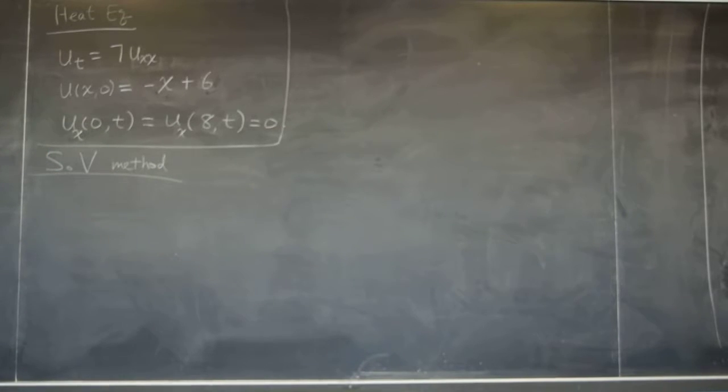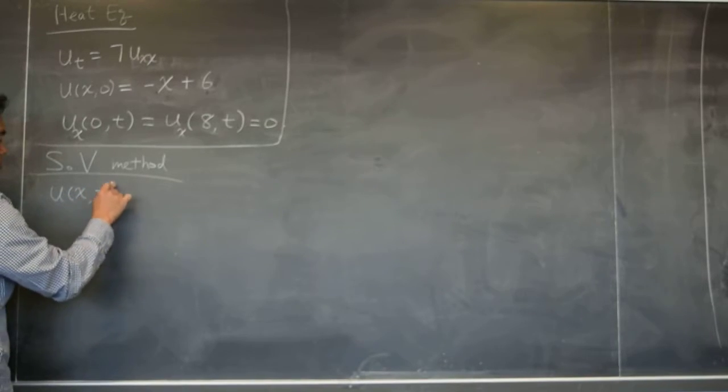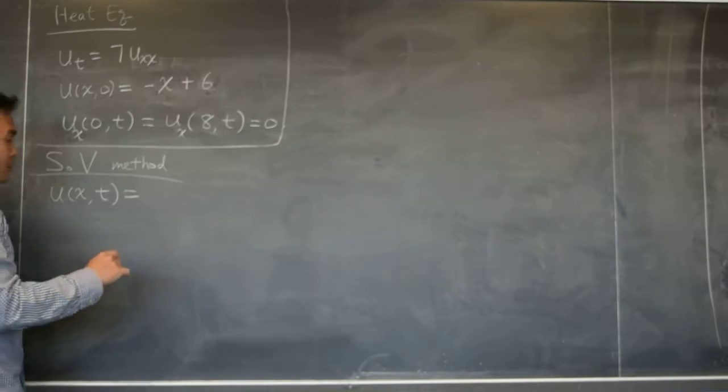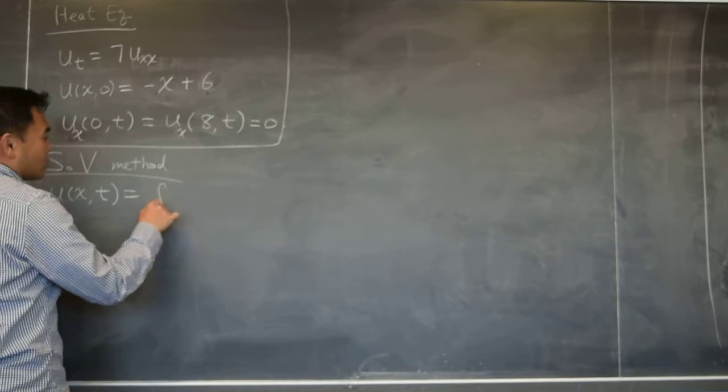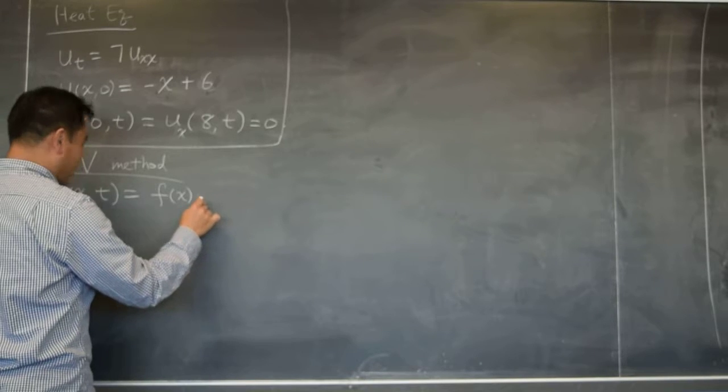What is the separation of variables? You remember? What's the assumption? No idea? So f(x) times g(t). You think of it as a function of x times a function of t.